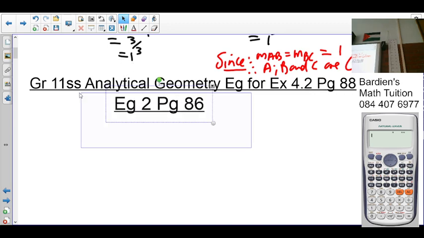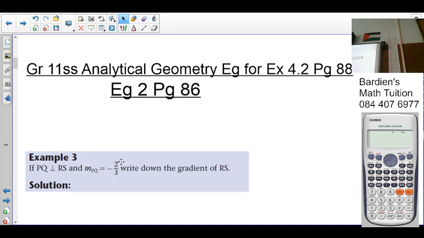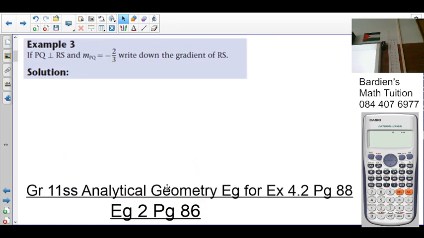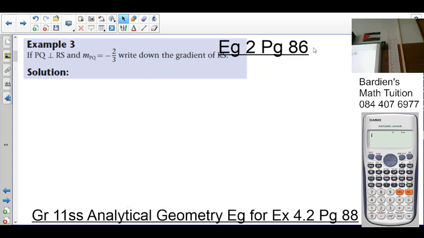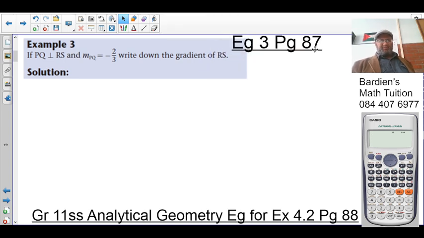Right, let's do example 3. Example 3 is on page 87. Okay.